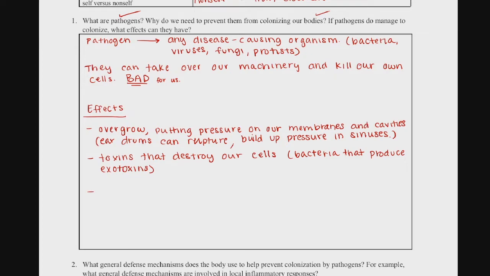One of the last effects I'm going to talk about, there are definitely more effects that pathogens have when they colonize, but the last one I'm going to say is that they can destroy cells' normal function. And this is like many fungal infections.